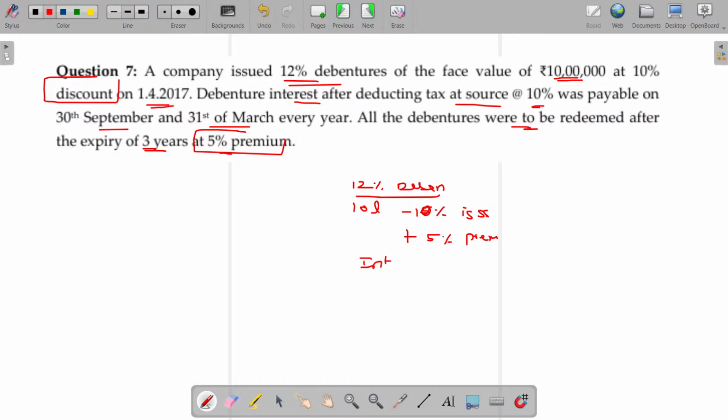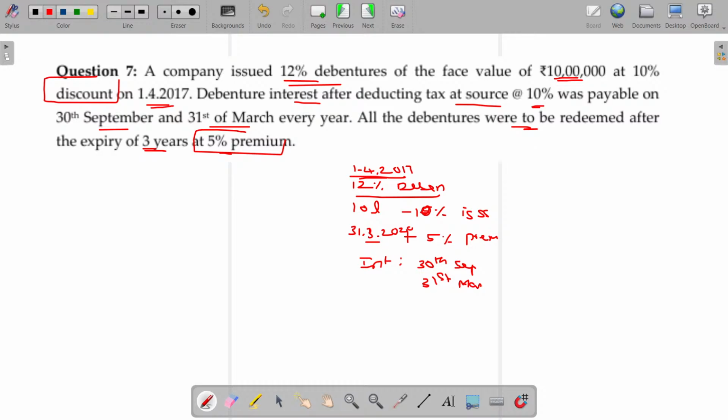Interest will be payable twice in a year. When? 30th September and 31st March. The year starts on 1st April 2017, and redemption is 3 years later, 31st March 2018, 19, 20, so 2020 is the redemption date.